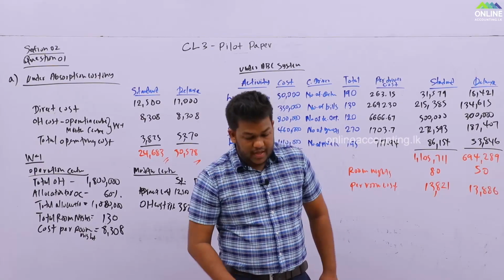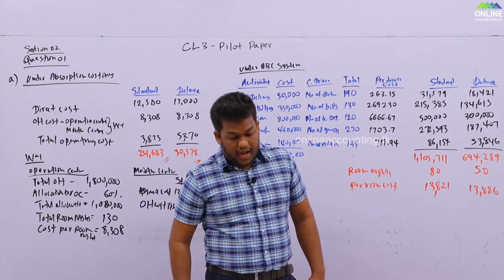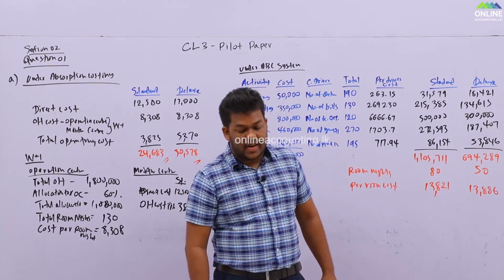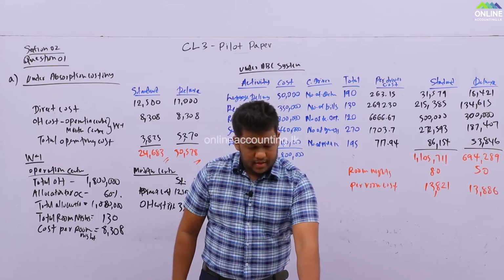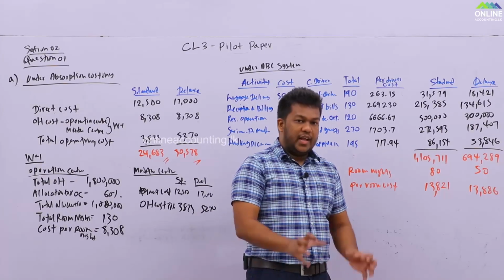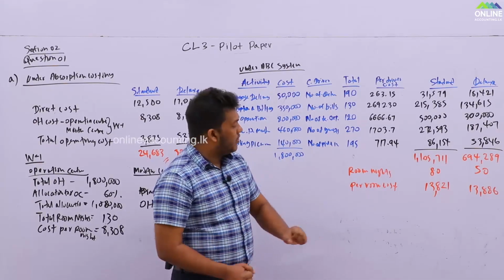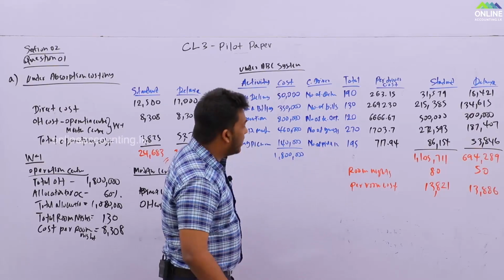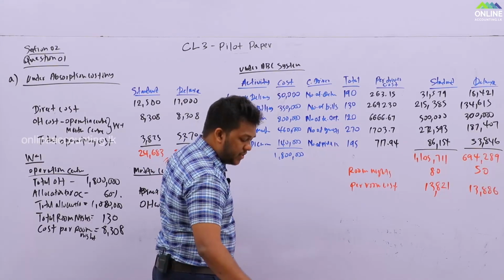Then they are asking, discuss the benefit of applying time-driven ABC method instead of traditional ABC. What is traditional? Now, when you are telling the time-driven benefit, you have to tell traditional ABC disadvantages. So what are the traditional ABC disadvantages?